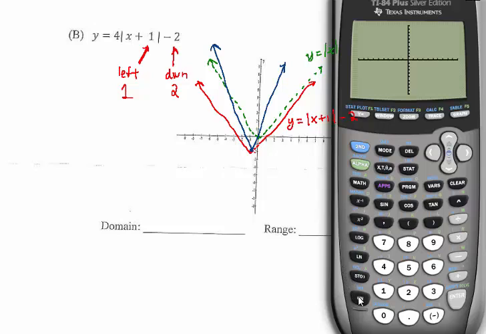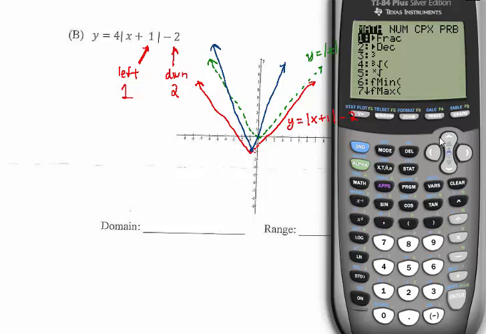Okay, so in this case, what you can do is go to your y editor screen, type 4, go to math, arrow over to the right for number, and the absolute value is the first function that we run into, and absolute value inserts our vertical bars, and then we type x plus 1, arrow over to the right until we're outside the bars, and put our negative 2, enter.